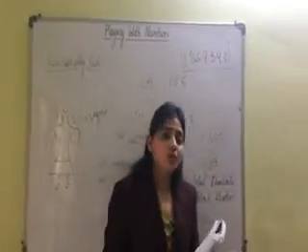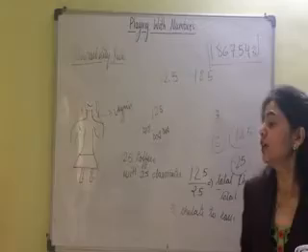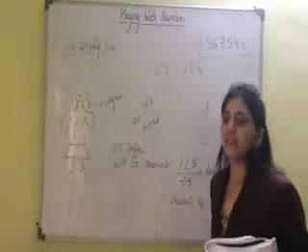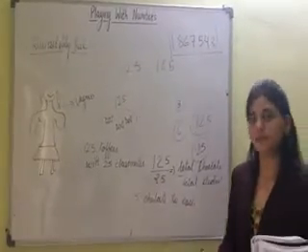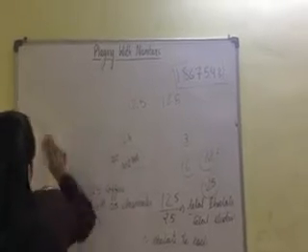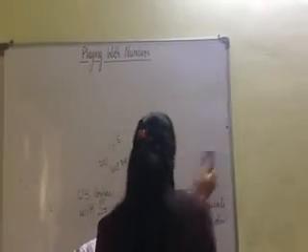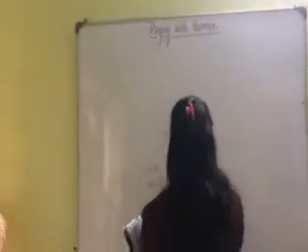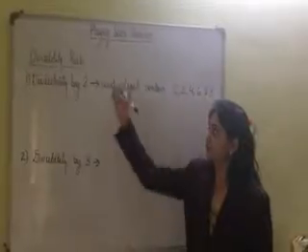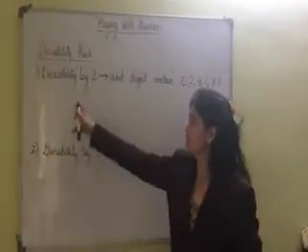So, to solve this complexity, we will find one method, and that method is divisibility rule. Now, I will tell you the divisibility rules of numbers. Divisibility rule. So first is divisibility by 2.